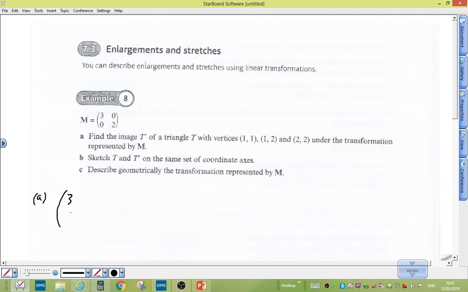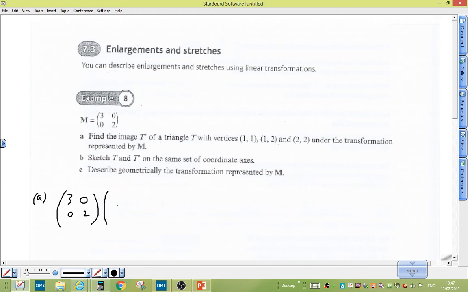We've got 3, 0, 0, 2. Can you see it's a stretch? You can look at that now and see it's a stretch. 3 parallel to the x-axis, 2 parallel to the y-axis. Okay, so it's a combined stretch, right?